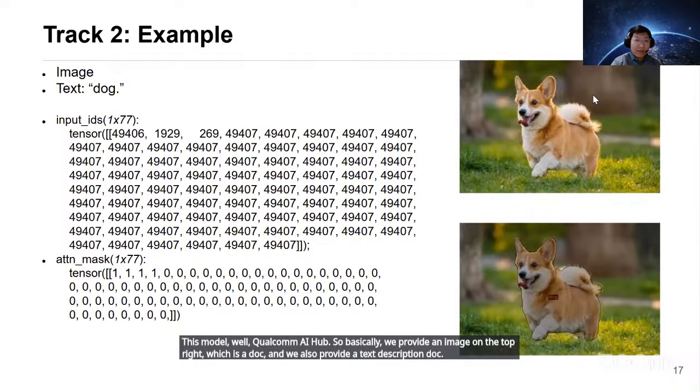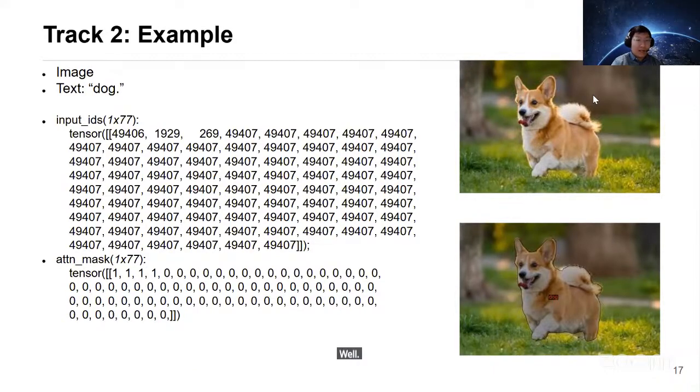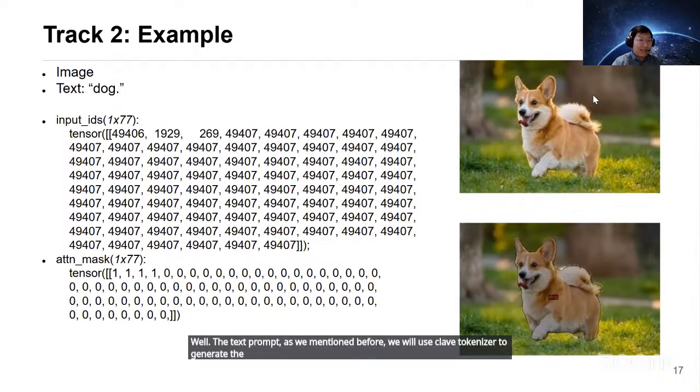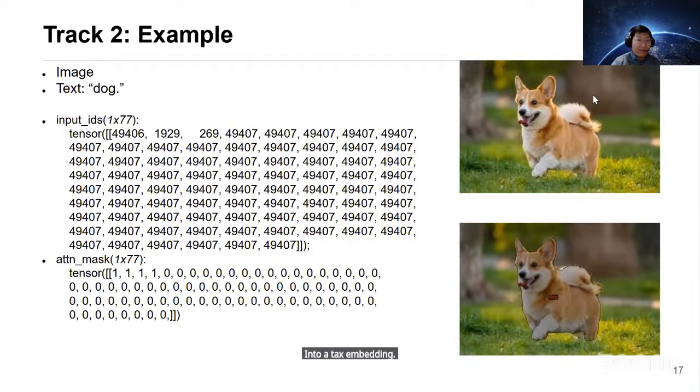For the text prompt, as we mentioned before, we will use the CLIP tokenizer to generate the input ID embedding and attention mask embedding as shown here. And we will stack the input ID embedding and attention mask embedding into a text embedding. And we will feed the image tensor as well as the text embedding to the model.